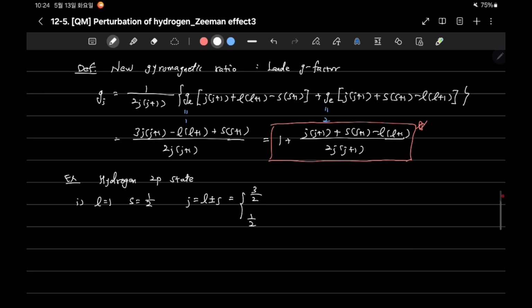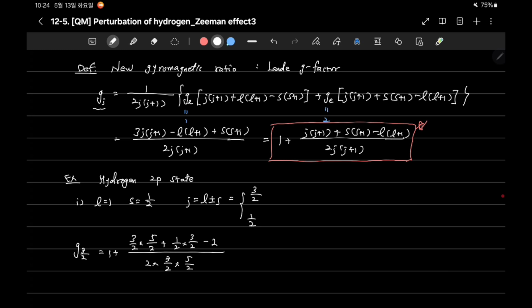So in this case, gJ for the J equal to 3/2 case is 1 plus J times J plus 1, which is 3/2 times 5/2, plus S times S plus 1, which is 3/2 times 1/2, minus L times L plus 1, which is 2, and also 2 times J times J plus 1, which is 3/2 times 5/2.